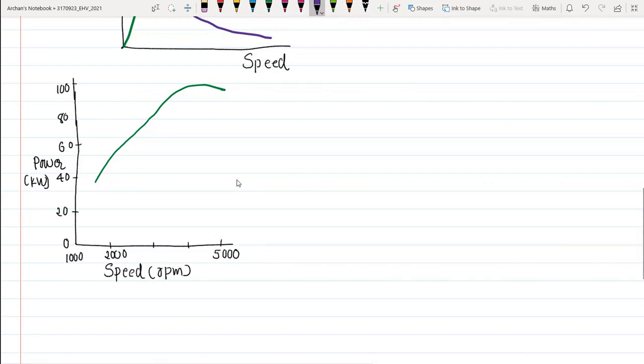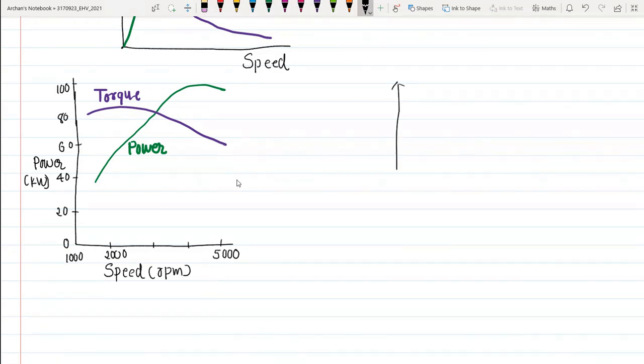And when we talk about the torque curve, then the torque curve would be somewhat like this. So this represents torque and this green line represents the power. Now we will talk about this later. First, let us draw the characteristics when my power plant is an electrical motor.